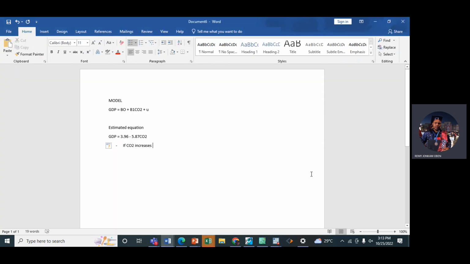So we'll say if carbon dioxide increases by 1 kilogram, GDP will decrease, because here it is negative. If it was positive, it would have been increase. GDP would decrease by this figure, 5.87 US dollars, on average. Never forget on average.